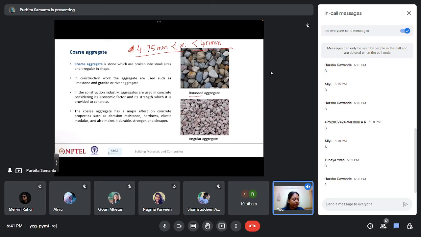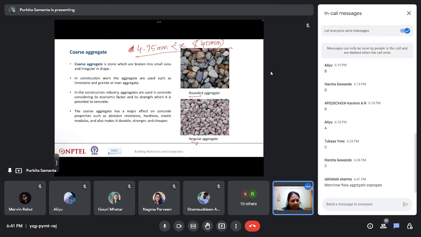For example, rounded, angular, irregular, or flaky. Also, different types of aggregates can be there according to their weight. There can be lightweight aggregate. There can be heavyweight aggregate. Also, we have studied that as per their sizes, the requirements are also different.